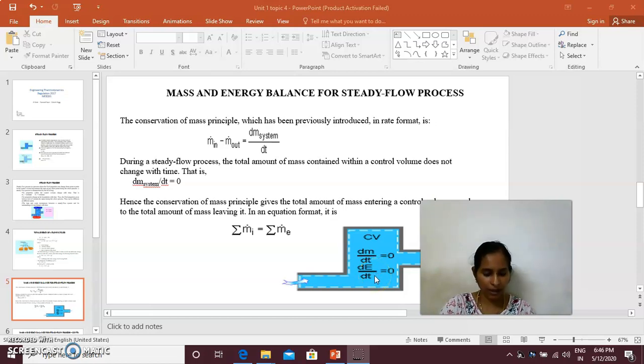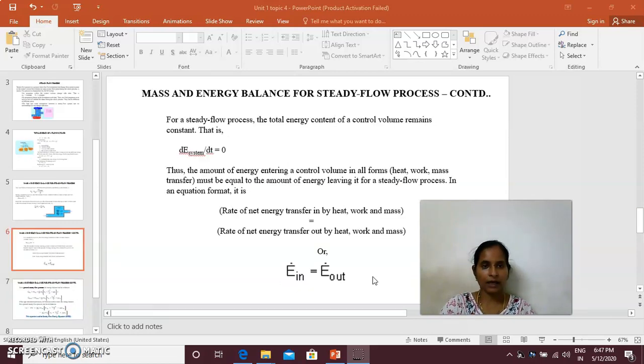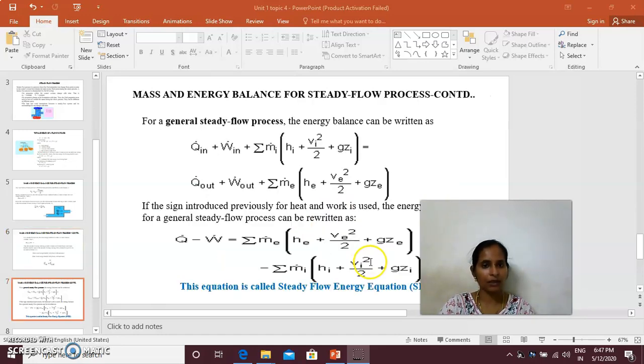Okay, it is one of the required conditions. Okay, and now here the total energy content of the control volume remains constant. Total mass content of the control volume is also constant. Okay, so energy in is equal to energy out. It is rate of net energy transfer in by heat, work and mass is equal to rate of energy transfer out by heat, work and mass.